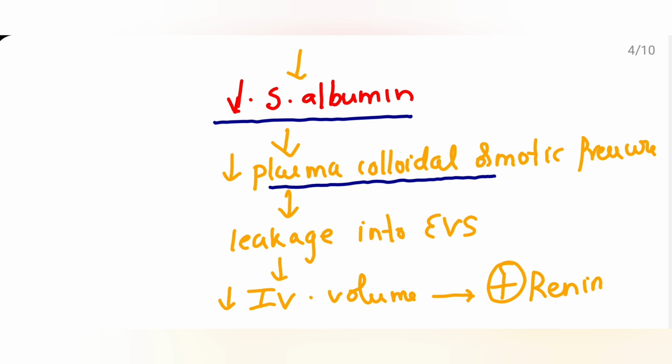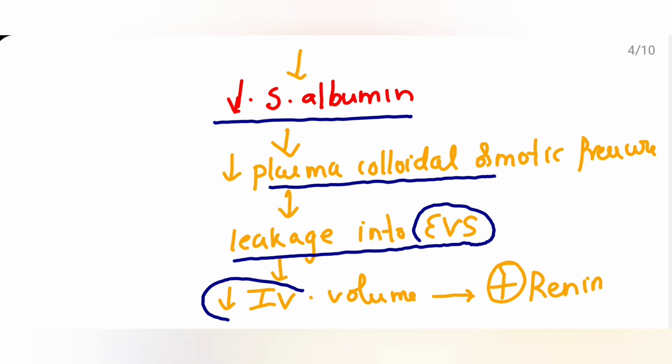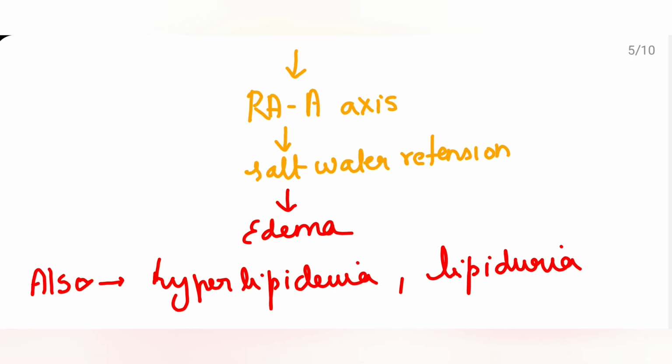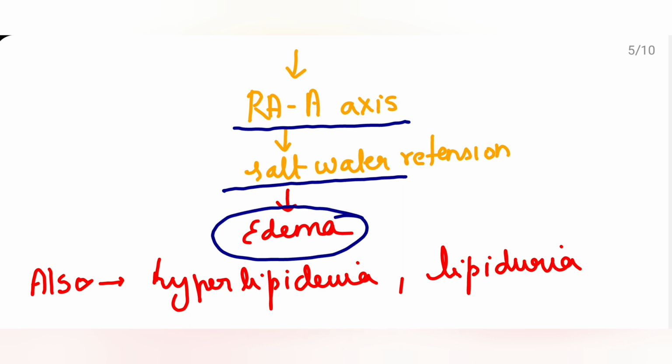As a result, there is leakage of fluid into the extravascular space. As a result, the intravascular volume is reduced, which stimulates renin. There is activation of the renin-angiotensin-aldosterone axis. This causes salt and water retention. As a result, there is edema.